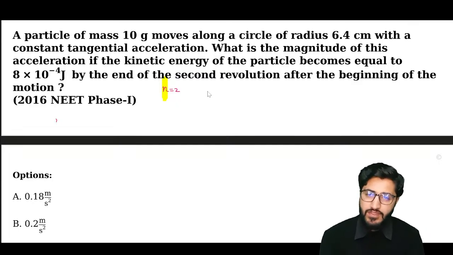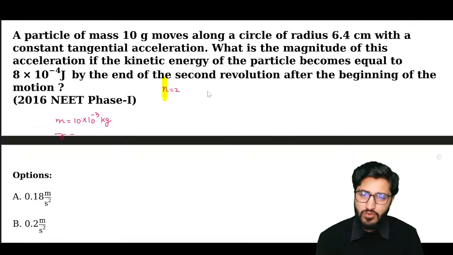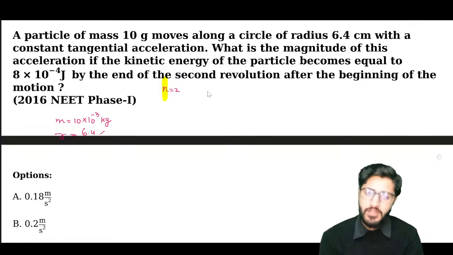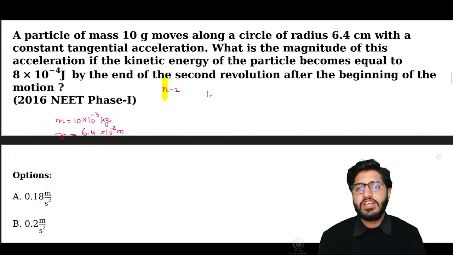Look, mass is given to me 10 grams, that is 10 into 10 to the power minus 3 kilogram. We are just transferring them into the SI system. Radius is given to me how much? 6.4 centimeter, that is 6.4 into 10 to the power minus 2 meter, with a constant tangential acceleration.